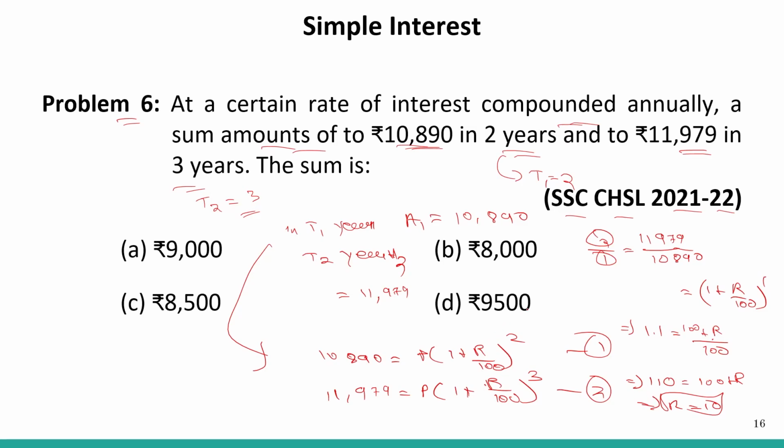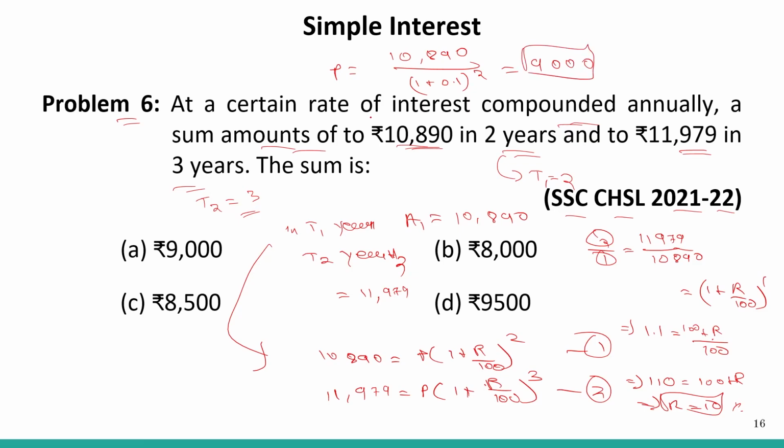So now we can evaluate that R, the compound interest rate, is equal to 10% annually. So P will be 9,000. How? 10,890 by (1 plus 0.1) whole power 2 is equal to nothing but 9,000.